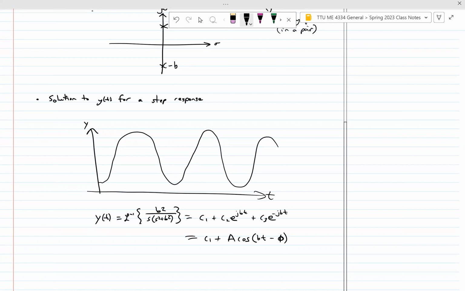That comes from the relationship between exponentials with imaginary parts and sine waves, cosine waves, and tangents. That's Euler's formula.